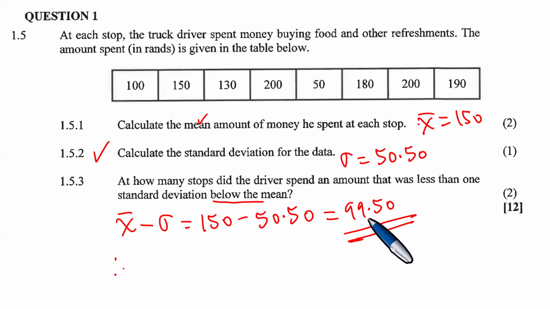You are able to see clearly that it is exactly that one there, so there is 1 stop.